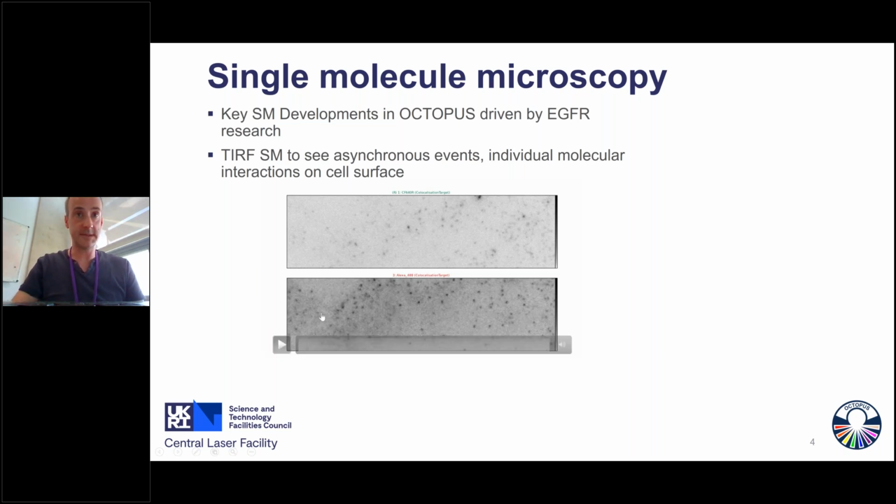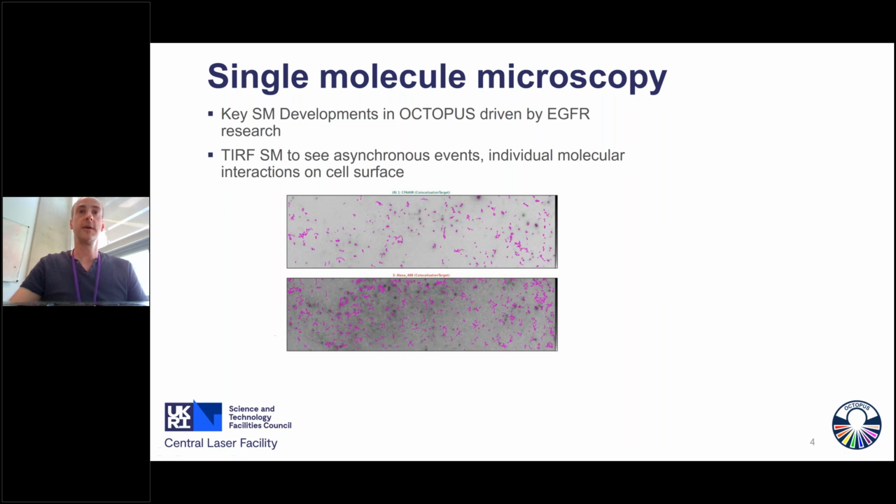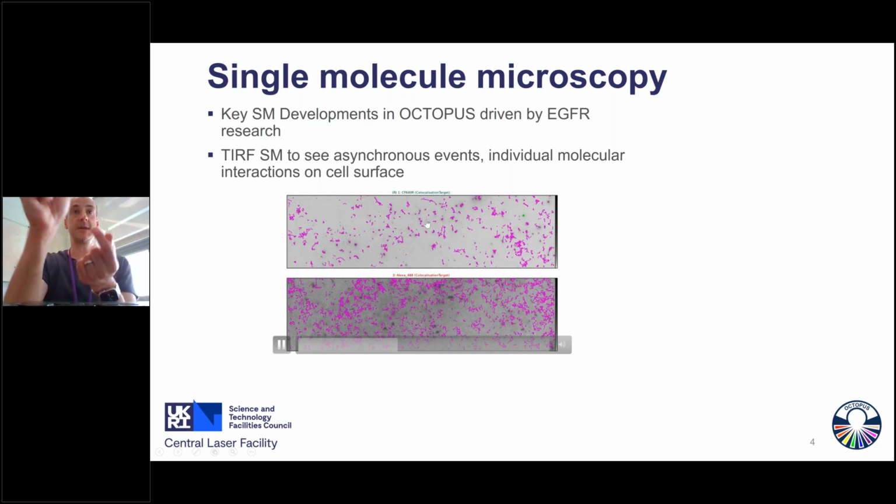So this is actually the same field of view on a TIRF microscope. So it's the same field of view in both channels. These black dots correspond to one or a very small number of fluorescently labeled EGFR molecules, and we can then run them through our analysis, and we see they're moving around, so we can study their dynamics, but we can also look at when they come together by seeing when they're in the same place in the two channels.